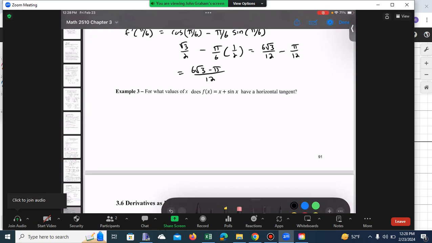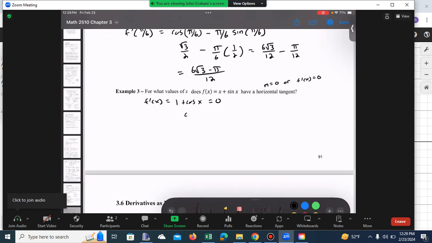The last one, we have f of x equals x plus sine of x, and we want to know where there's a horizontal tangent line. Horizontal tangent line meaning slope equals 0, or f prime of x equals 0. We're going to take the derivative, set equal to 0. Derivative of x is 1, derivative of sine is cosine. We'll set that equal to 0.